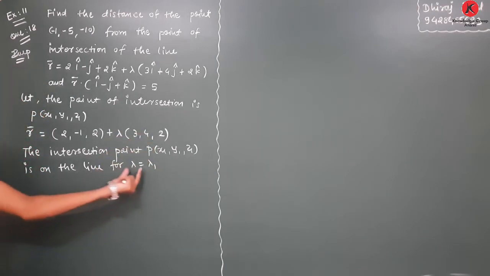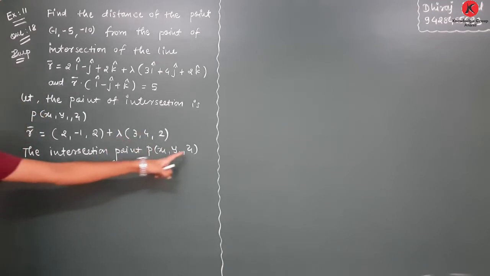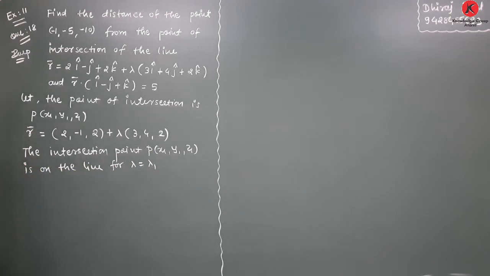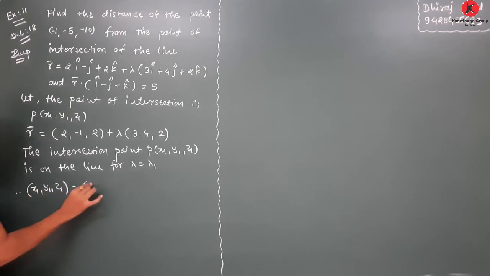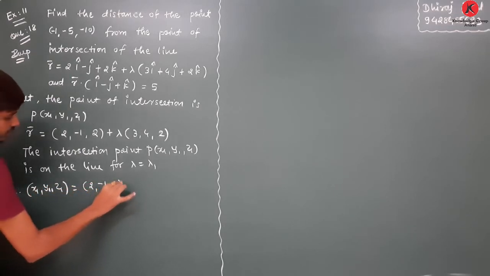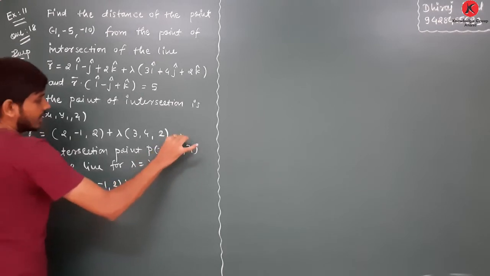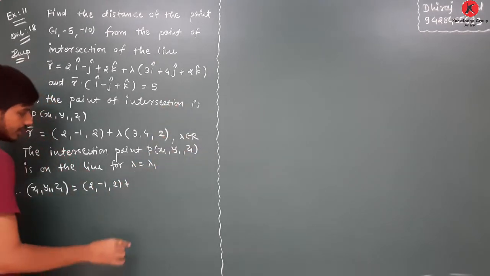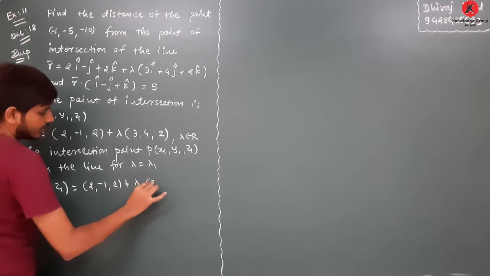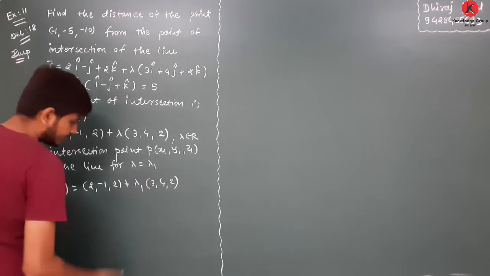For lambda equals lambda 1, we are getting this point P (x1, y1, z1). Therefore, put r bar equals (x1, y1, z1), which equals (2, 1, 2) plus lambda 1 (3, 4, 2).